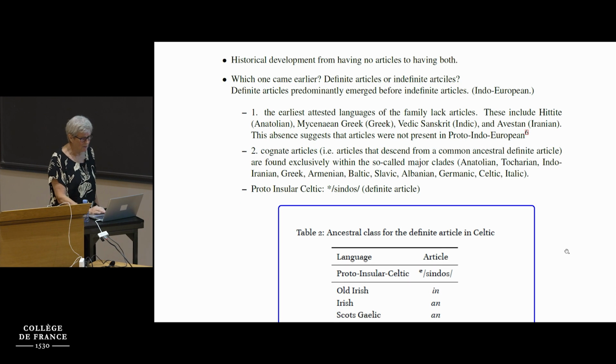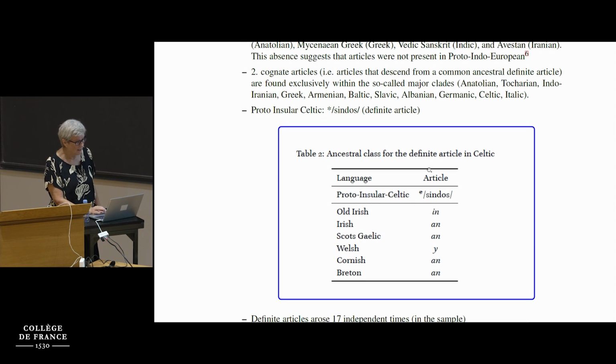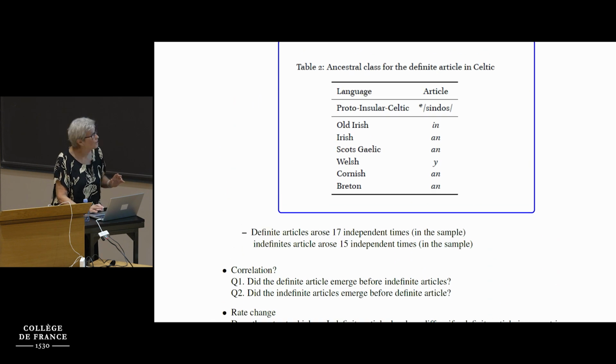Okay, so there's a case from Proto-Insular Celtic, which had an article, and I'm very surprised about its form. It's much too long for a definite article. But what you find here is that the languages in that group are all related to that form, but not related to any other clades that we find.